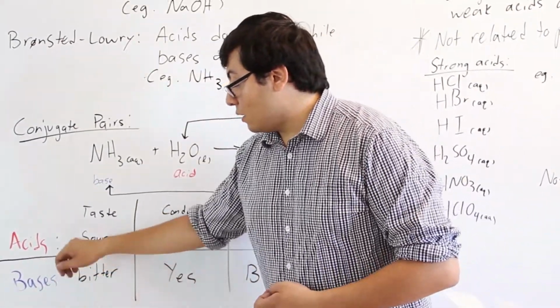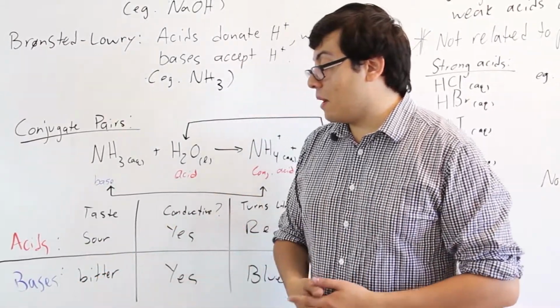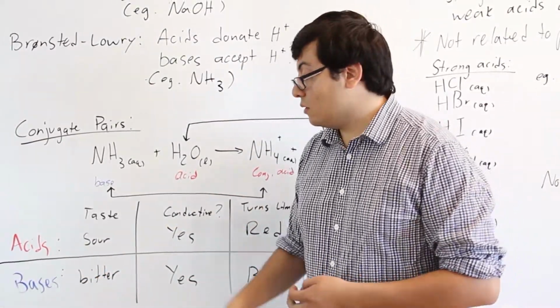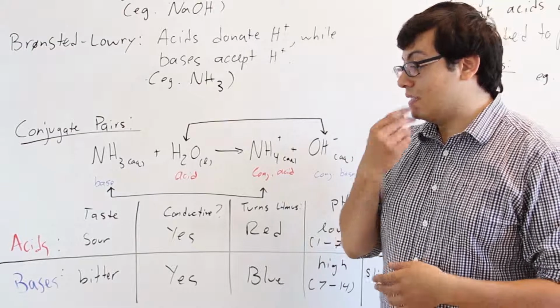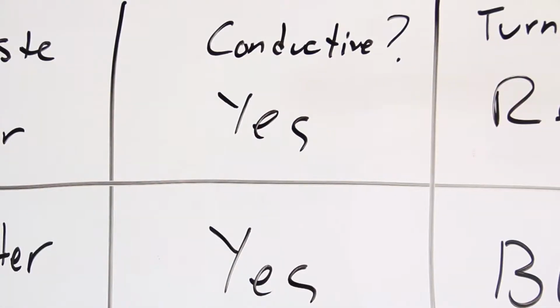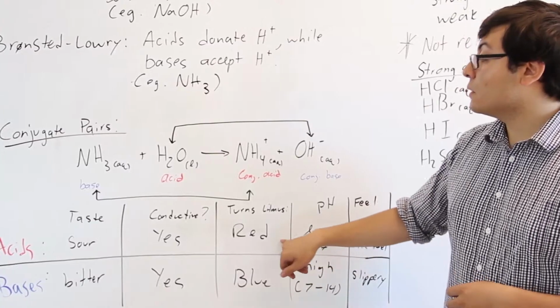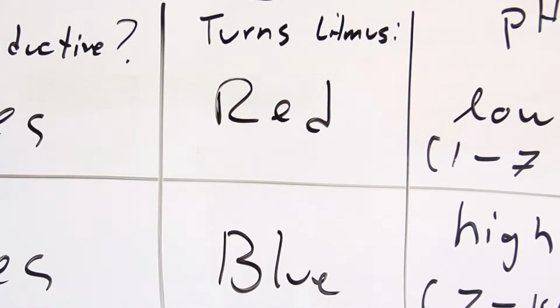First, I just want a refresher for you guys on the properties of acids and bases. Acids, remember, taste sour, whereas bases taste bitter. That's why sometimes if you get soap in your mouth, it tastes a little bitter. Both of them are conductive, so if you try to run a current through them, both of them will work. Acids can be characterized by dropping a bit of litmus paper in there, and it should turn red if it's an acid, and blue if it's a base.